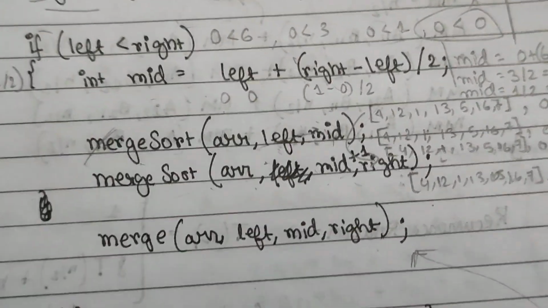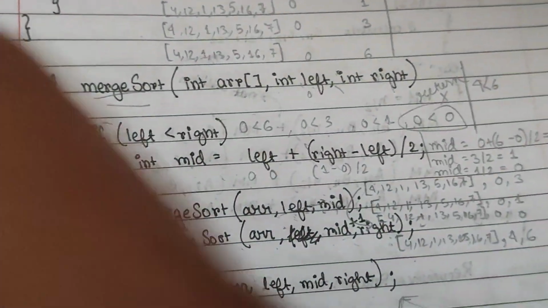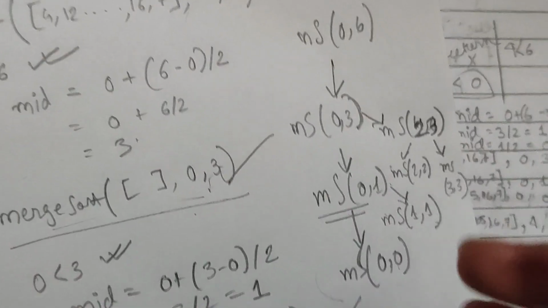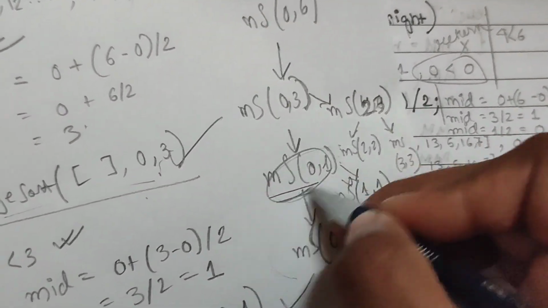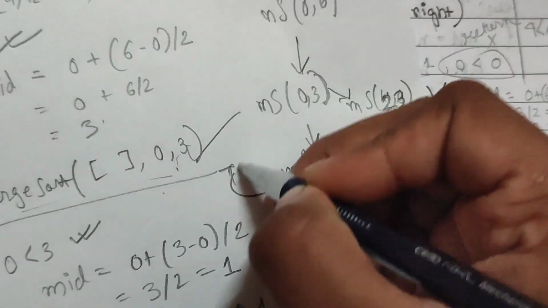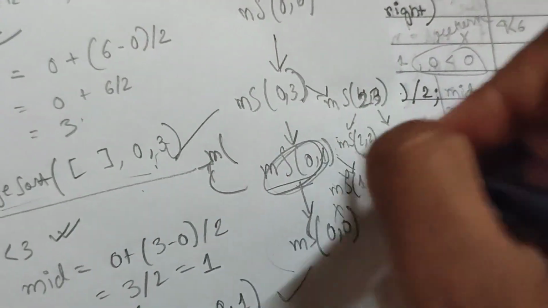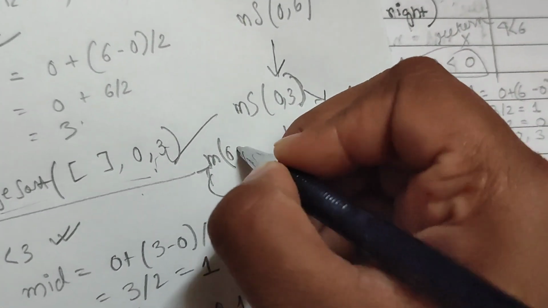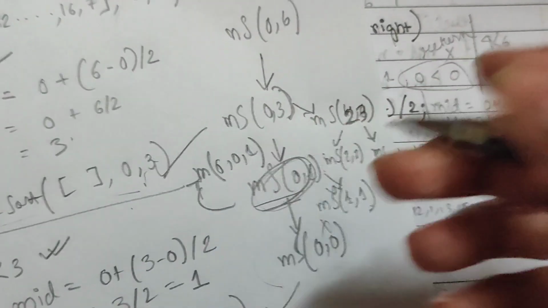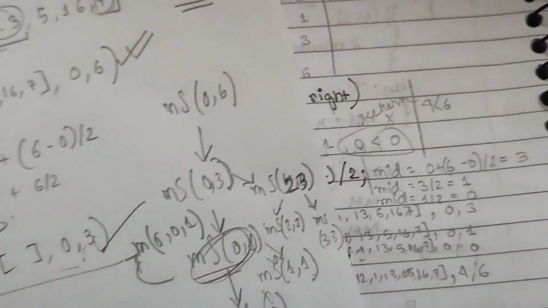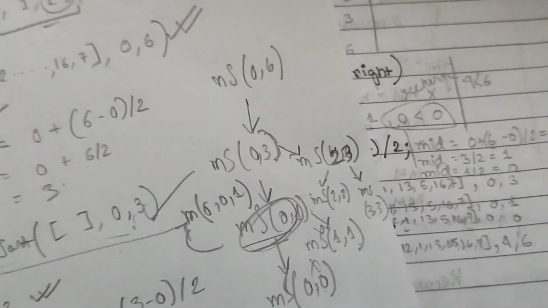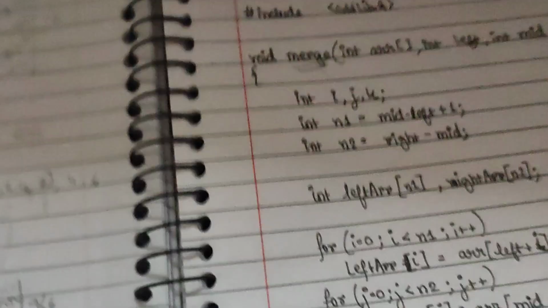So what we are sending after the 0 1 stage, meaning when these two are done, this function is calling merge the array and then 0 0 1. So it is sending that 0 0 1, as well as the entire array it is sending.